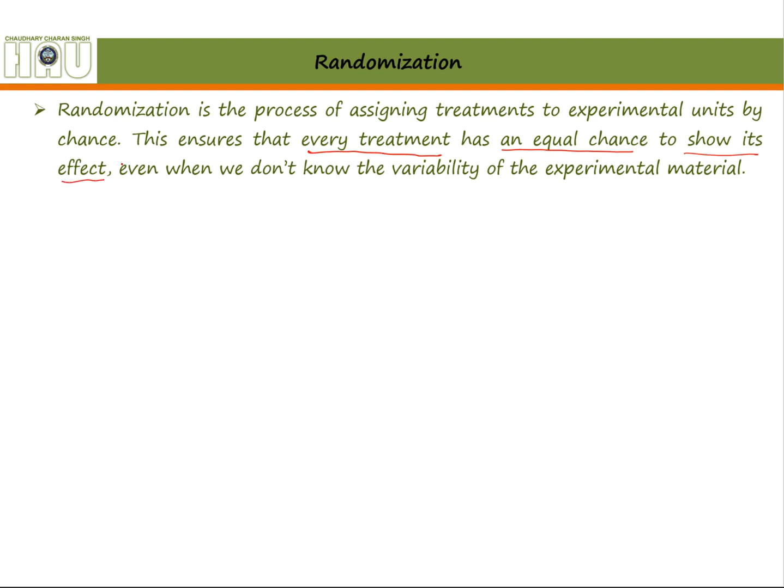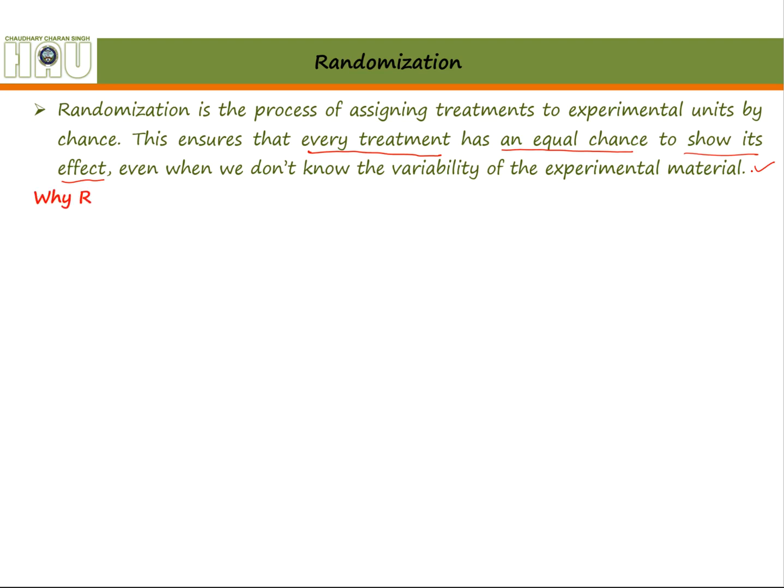Means there is no favoritism, even when we don't know the variability of the experimental material. So, in any experimental material, if we assign the treatment randomly, means by chance, means any treatment can occupy any plot, then this process is known as randomization.